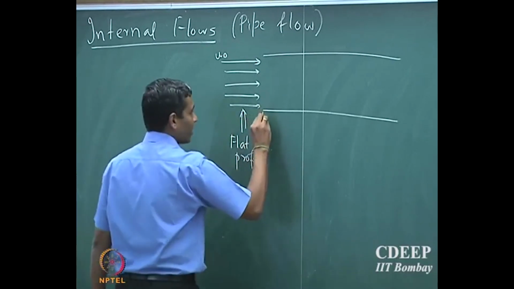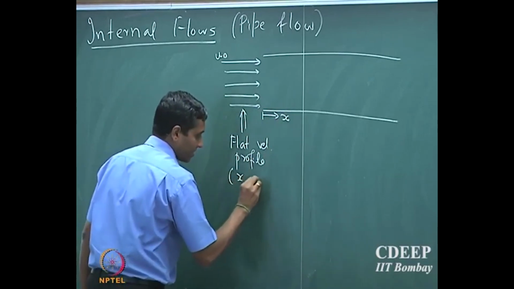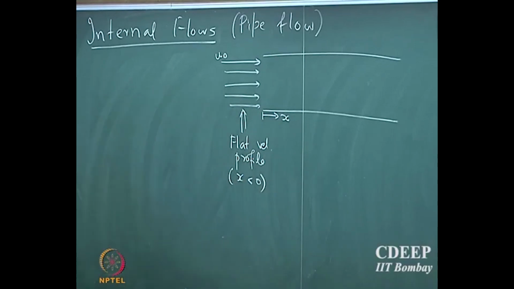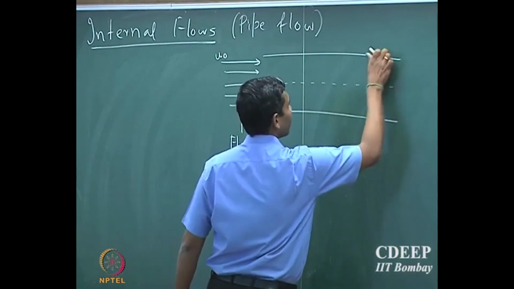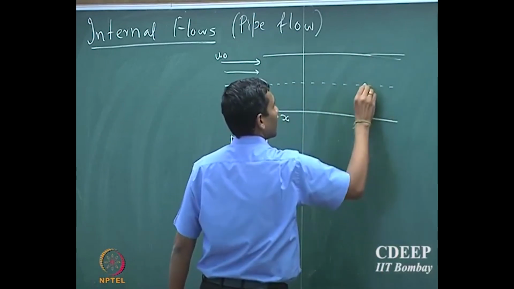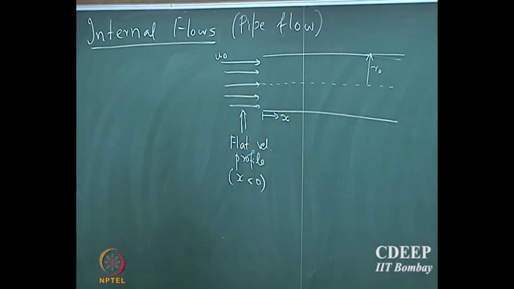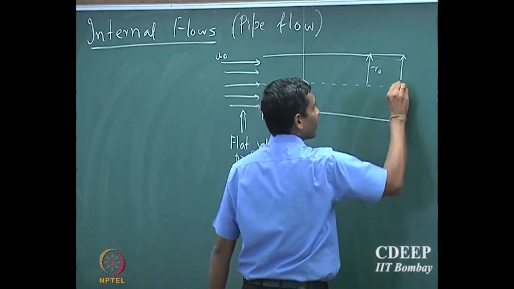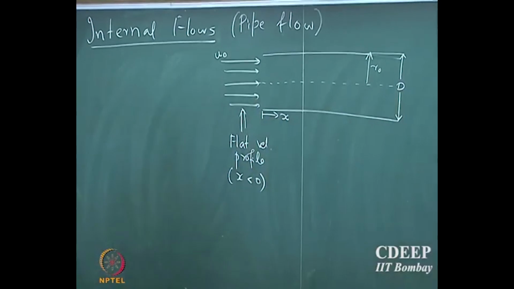If I put coordinates and call this the x direction, this is x less than 0, so it is a flat velocity profile, and I mark the midpoint. The radius of the tube is r naught and the diameter of the tube is d.